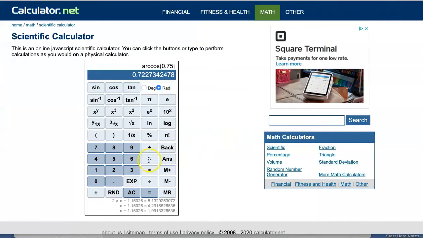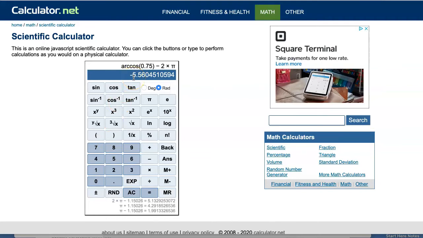And actually, I'll just subtract 2 pi from it. Close the parentheses. There we go. Minus 2 pi. This will be the opposite of my answer, right? Okay, so now I could push this button, or I could do it in my head.